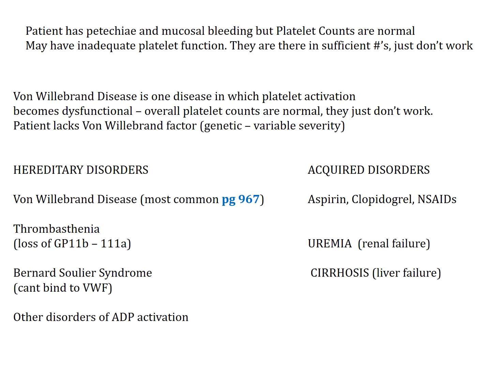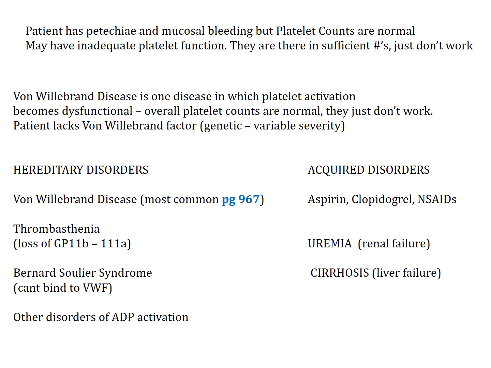So there's severe von Willebrand's disease, and then there's not so bad von Willebrand's disease. Well, that's a hereditary disorder, and you can see there's other hereditary disorders as well. Renal failure can lead to inactivation of platelets. Liver failure can lead to inactivation of platelets. So a lot of things can make your platelets not work.